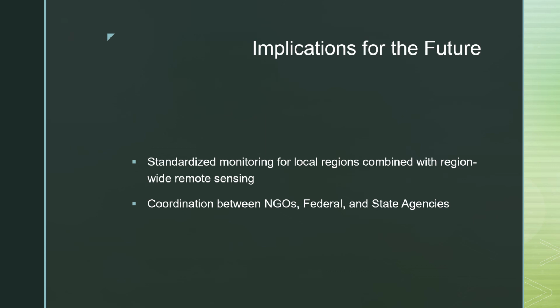The technologies for remote sensing have gotten a lot better, and we can use these to look at a whole region and figure out what parts are healthy and what parts look like they might need help. And once we find those areas that need help, we can use well established standardized monitoring to figure out what needs to be done to keep them healthy.